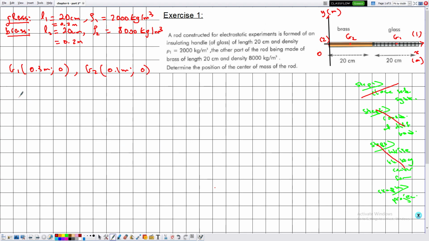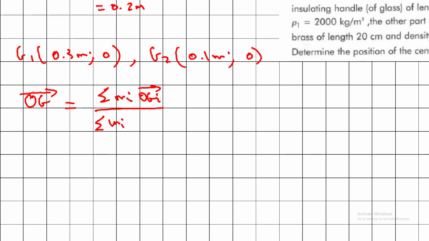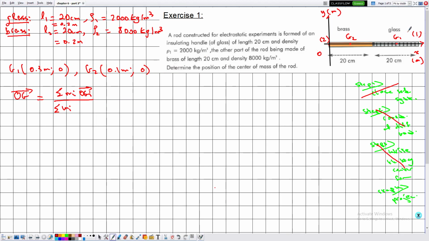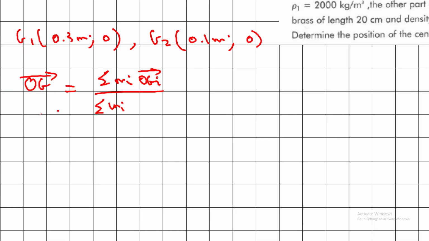So let's write the barycenter formula, which is given by OG equal to the summation of mi OGi divided by the summation of mi. Notice that this is a vector relation. Vectors must exist on the left and on the right. Now i represents the number of objects that we have. In this case we have glass and brass, so i will run from 1 to 2.